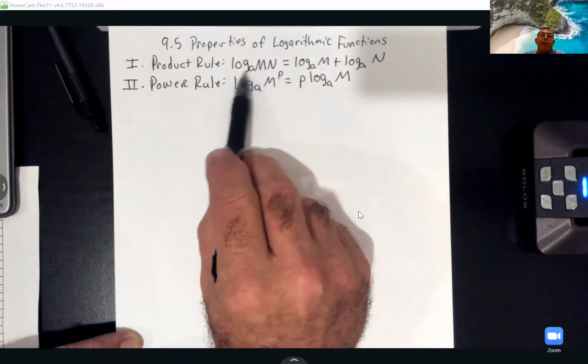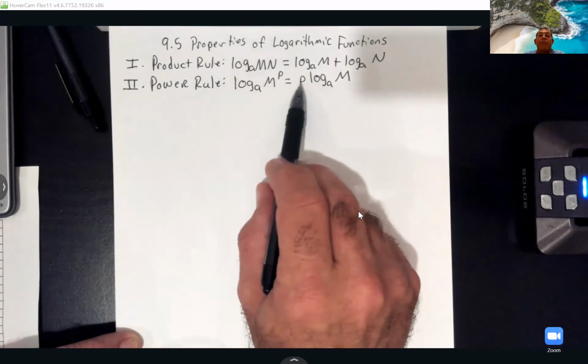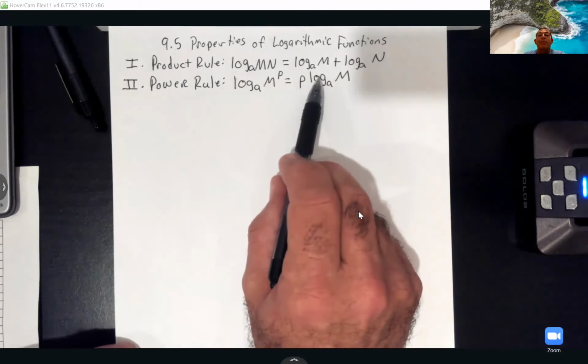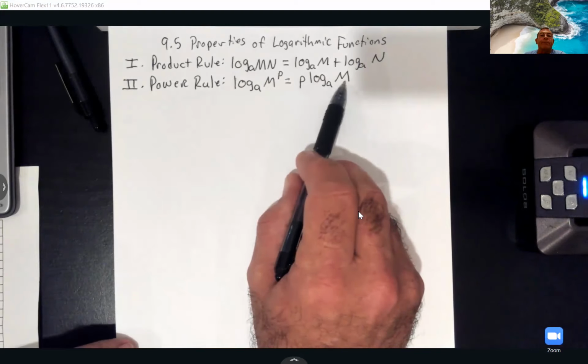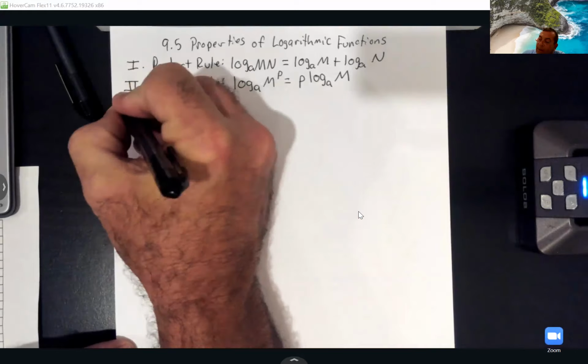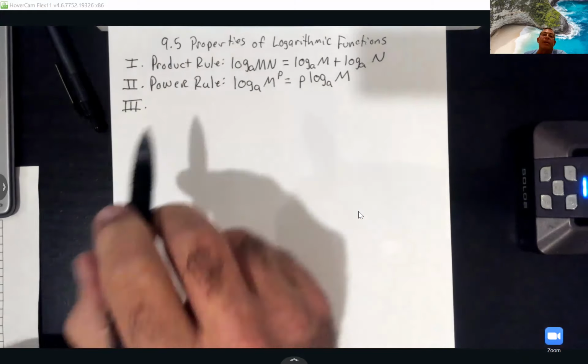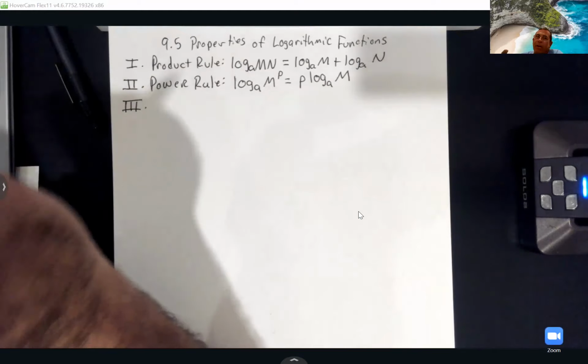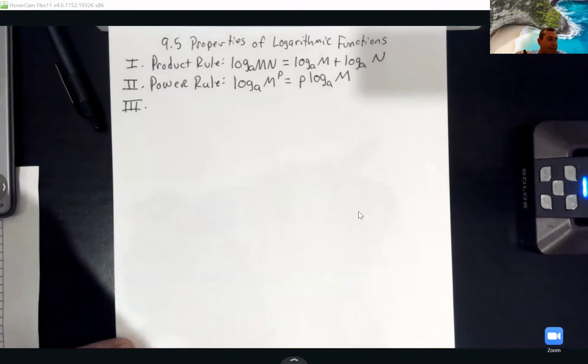I'm just bringing the P down to the front and rewriting this as a product of P times the log base A of M. And these properties, they're going to help us when we start solving equations next Monday, okay?